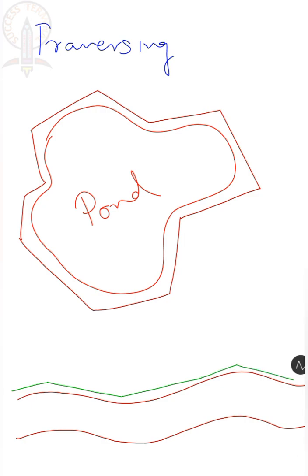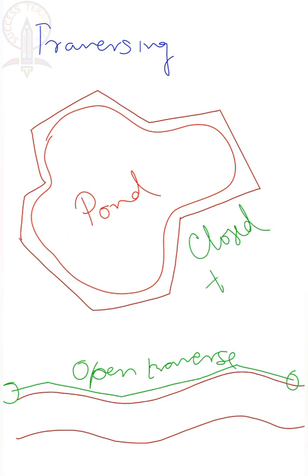In this way, we can enclose the surface. Here, this is the starting point and this is the ending point, and they are different and they do not meet each other. Therefore, this will be treated as open traverse. So this one is a closed traverse and this one is an open traverse.